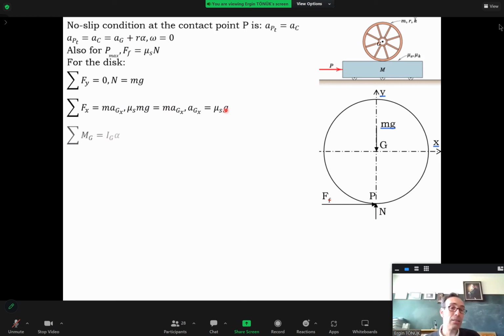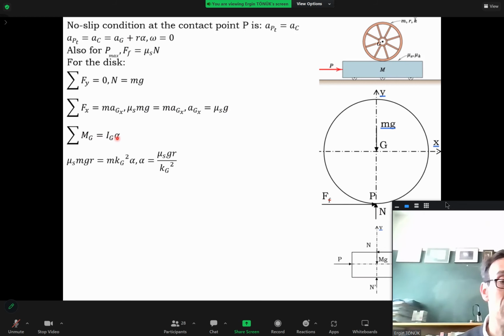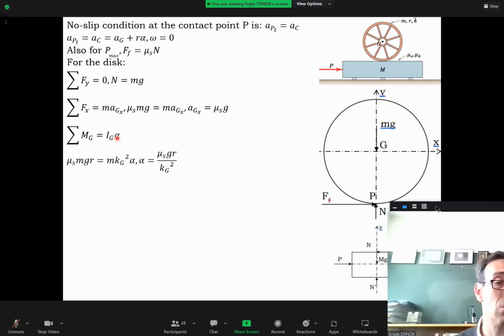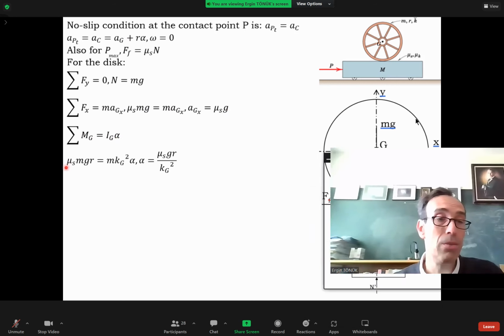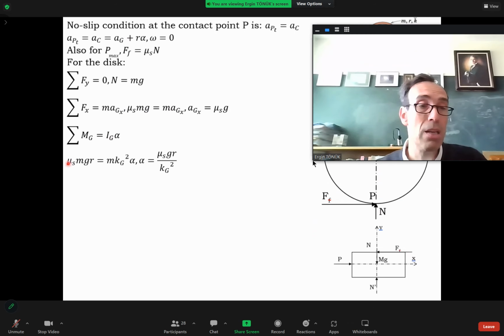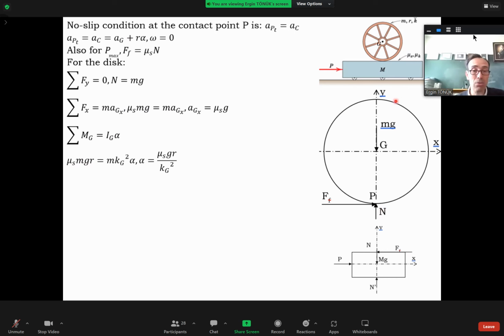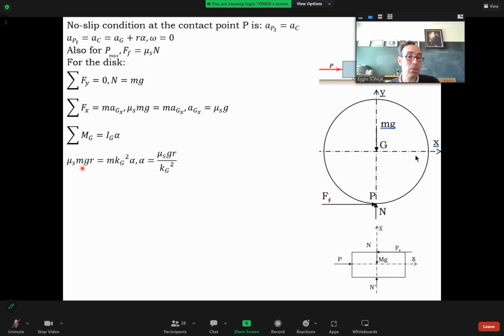Then I can take moment about the mass center of the wheel, and it's equal to I_G times the angular acceleration of the wheel. The friction force is mu s mg. Its moment arm is r, and it's counterclockwise, that's why this is positive. It is equal to I_G, which is mass times the radius of gyration squared, times the angular acceleration.